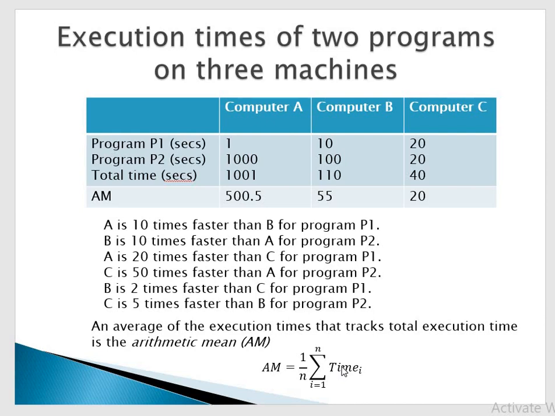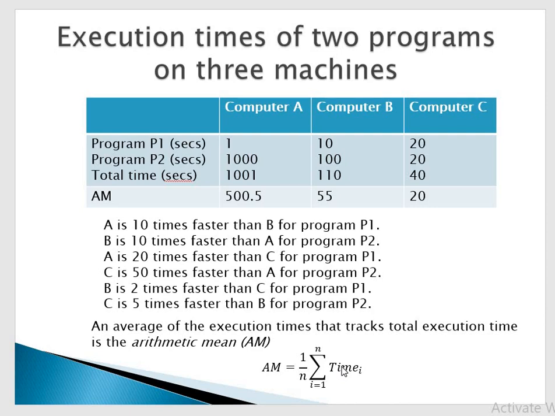But still, in this performance evaluation methodology, one thing is not clear: what are the weights of the different programs? In this methodology, we are assuming that the weightage of program 1 and program 2 is the same.